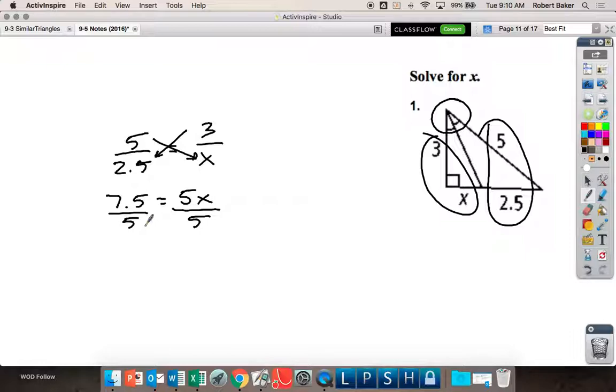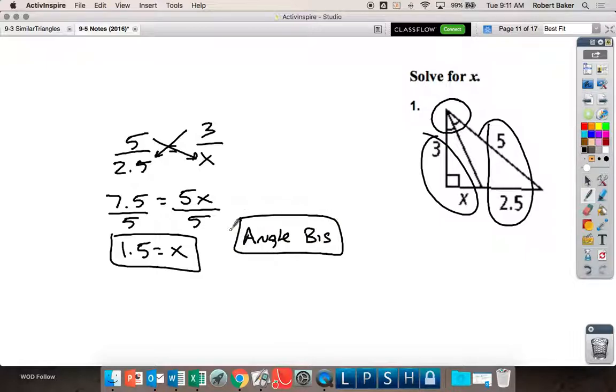And then 7.5 divided by 5 equals 1.5. That's your answer, and you move on from here. So this is the angle bisector example.